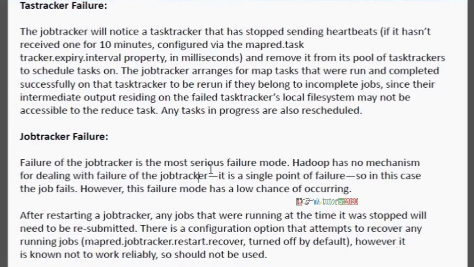If my job tracker fails, there is no response from the job tracker, the entire cluster, the entire running process will be down. So immediately we want to resolve the task tracker and job tracker failures. So when we are running the data, these three types of failures happen: task failure, task tracker failure, job tracker failure. Depending on the failure, we resolve the issues.